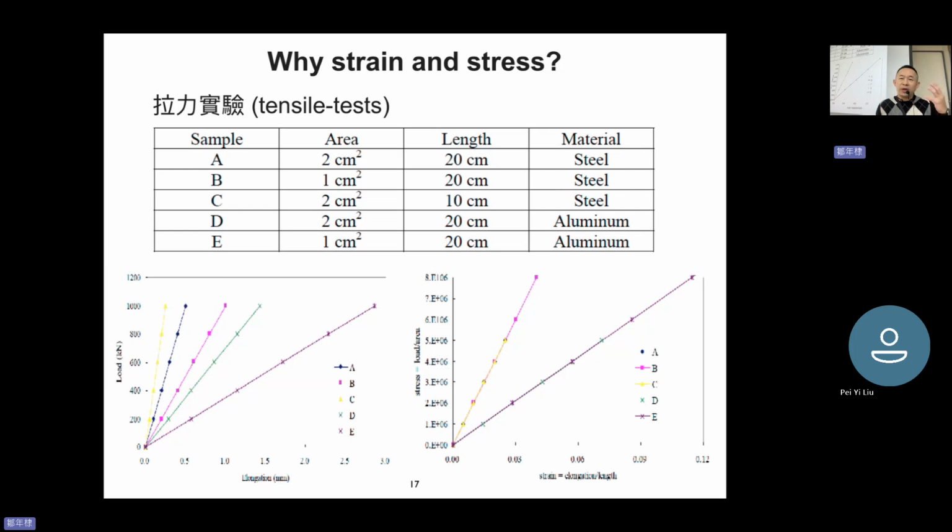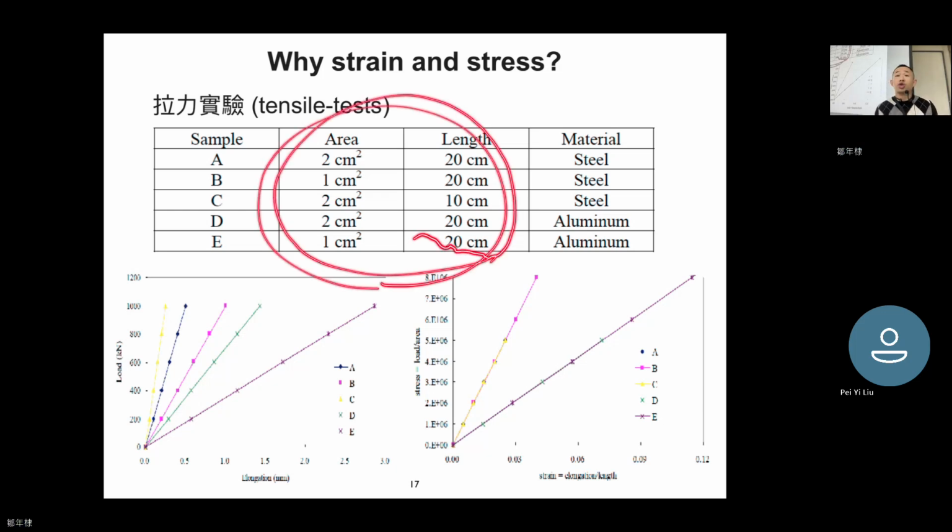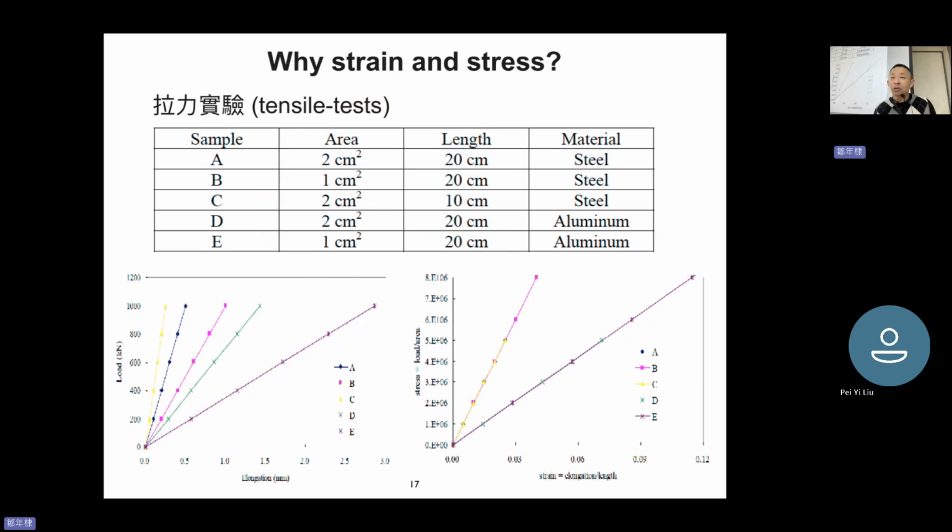Galileo thought: can we get properties that belong to the material itself and exclude the geometry effect? I want some property that only belongs to that material, so that even if you change the shape, it still belongs to the material.